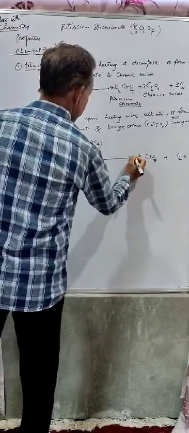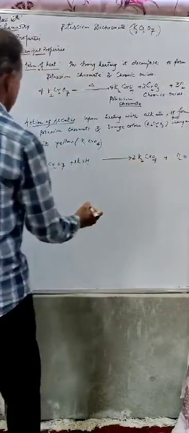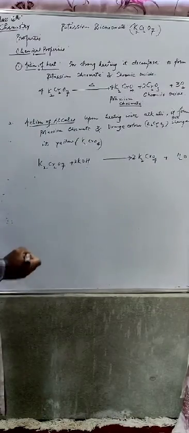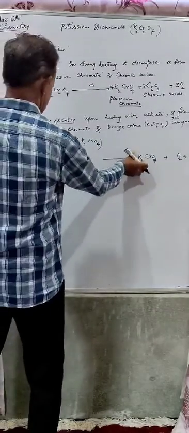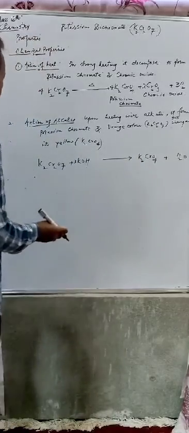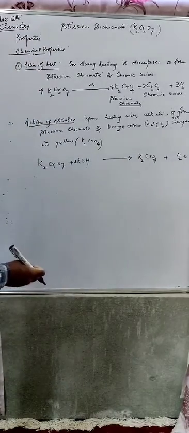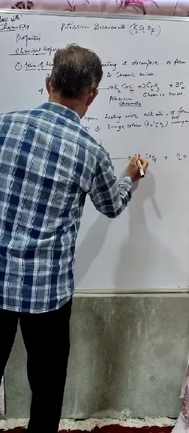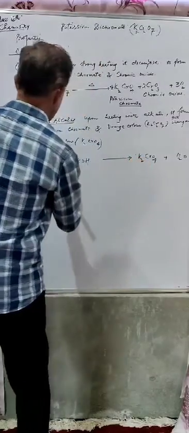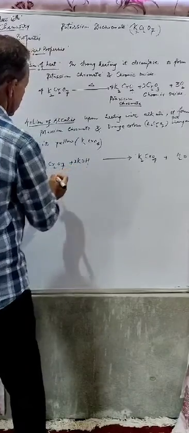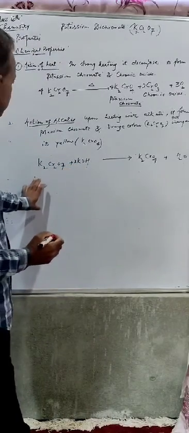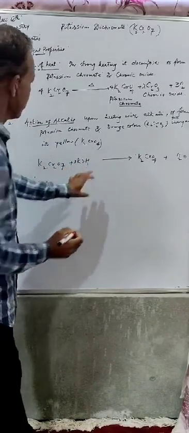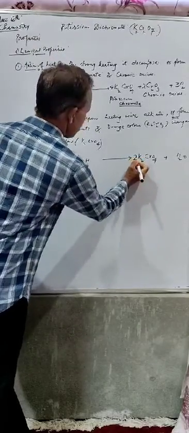We will take twice, four times. K2 4 times, we will multiply it by twice.